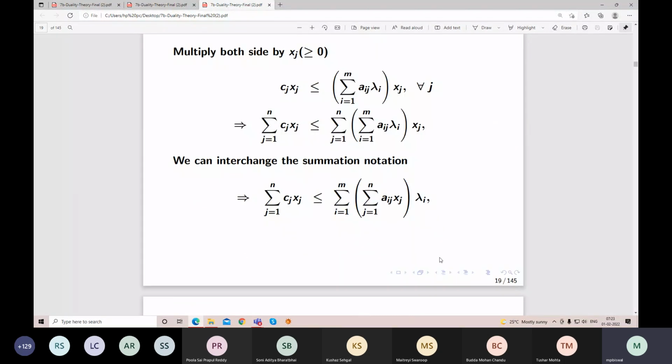If you interchange the summation, we have the summation over j from 1 to n of cj xj less than or equal to the sum over i from 1 to m, with inner sum over j from 1 to n of aij xj, times lambda i.